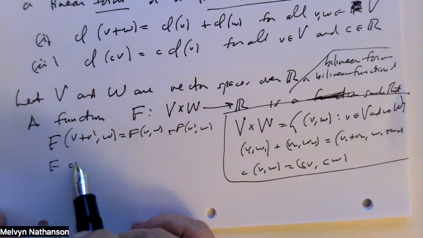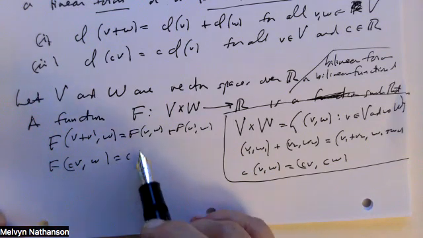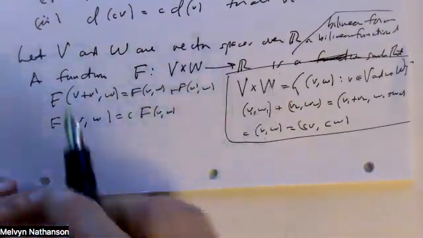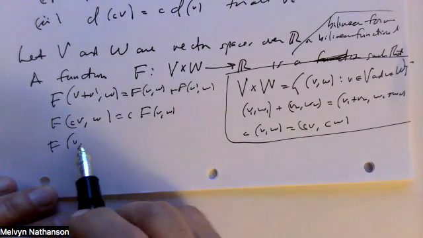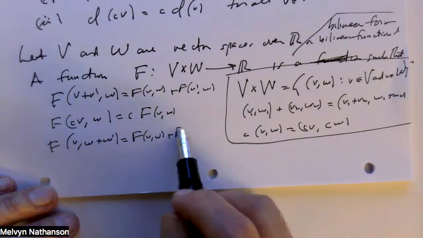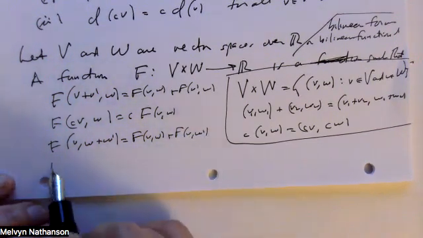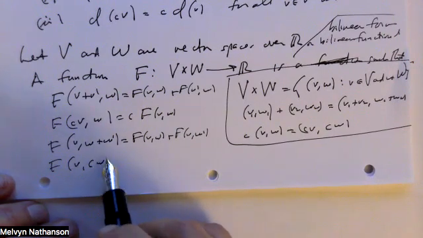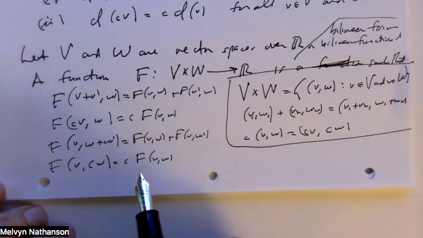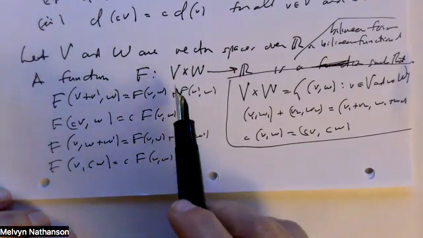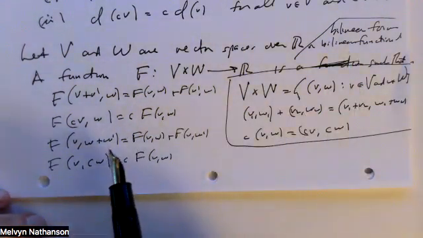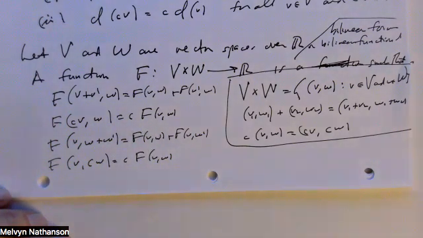And f of (a constant times v, w) is the constant times f of (v, w). And the same properties hold with respect to the second coordinate. f of (v, w plus w prime) is f of (v, w) plus f of (v, w prime). And f of (v, constant times w) is the scalar c times f of (v, w). So a function from a product of vector spaces to the reals is called a bilinear form or bilinear functional if it satisfies these four conditions.